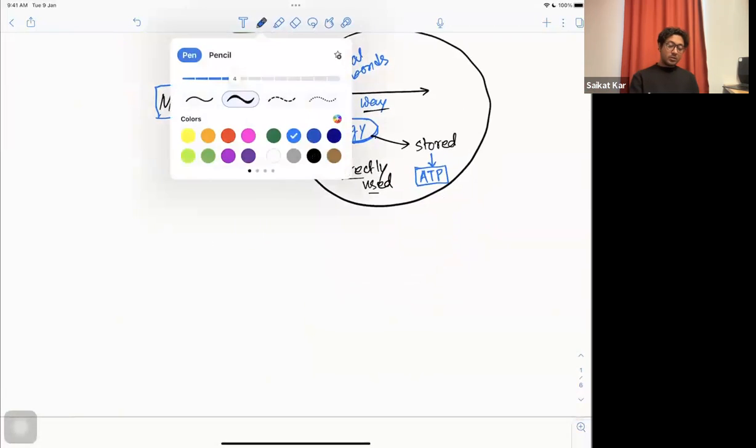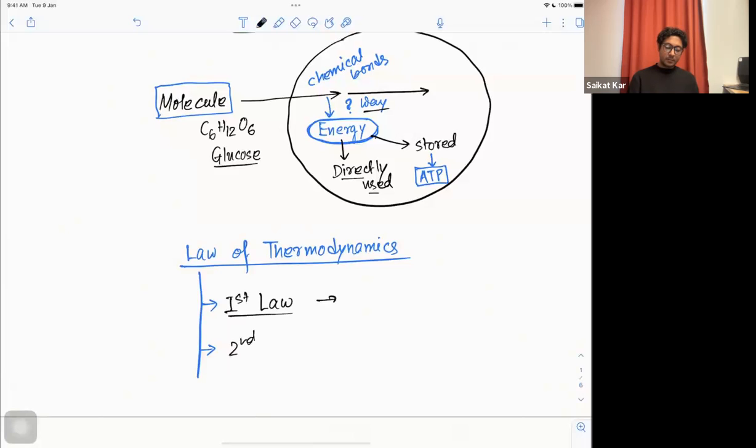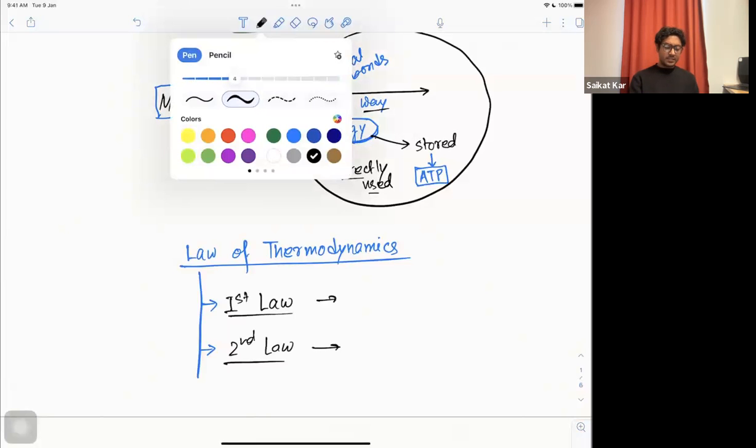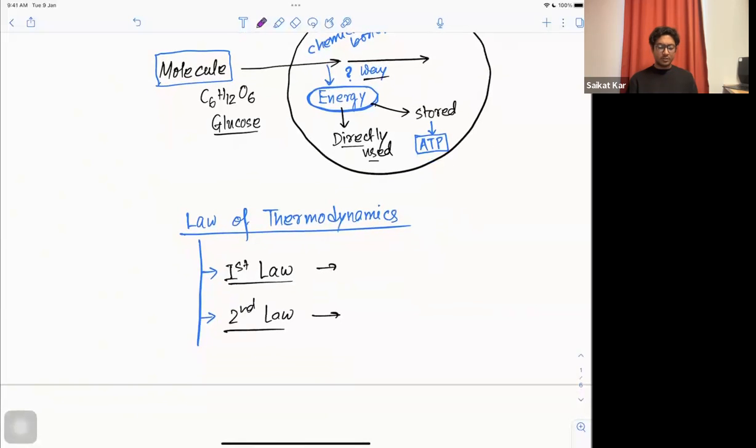So this law of thermodynamics, there are 3 laws, but we need to mainly focus on the first 2 laws. So first law and second law. Although this is a topic of physics, we are just scanning through the fundamental nature of the laws.